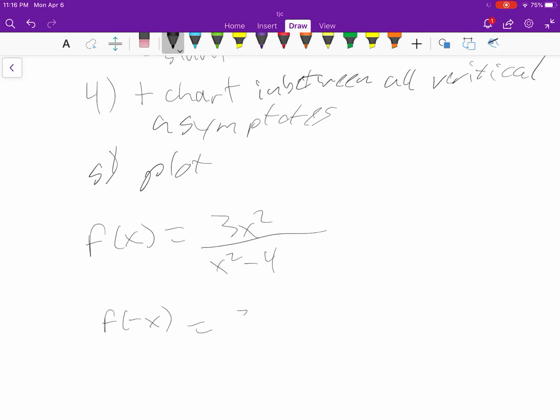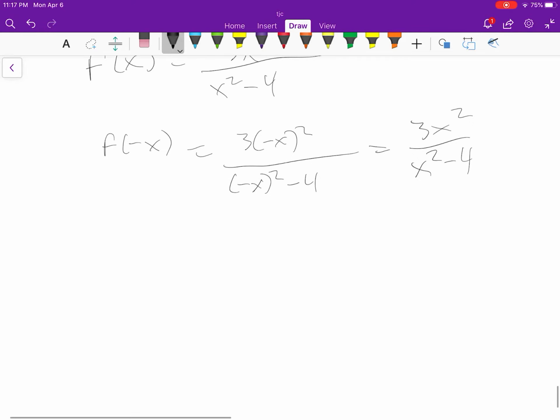Well, plug negative x into there, you get 3 times negative x squared over negative x squared minus 4, which equals 3x squared over x squared minus 4. So we get the exact same function back out, which tells us that this is symmetric with respect to the y-axis.